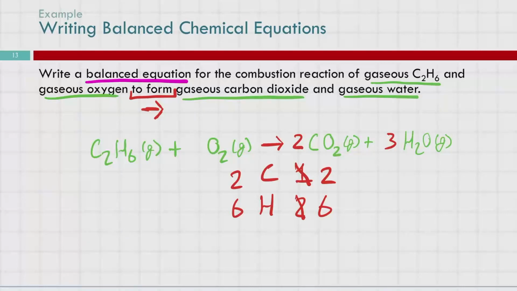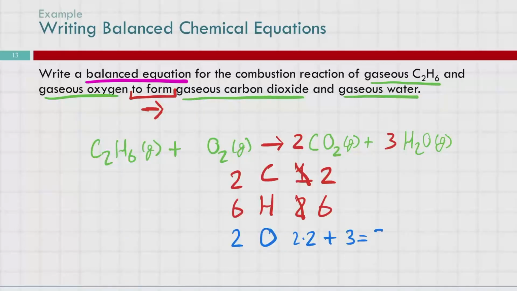What's the last thing that we have to balance? Yeah, it's our oxygen. So we're going to balance our oxygen last. We've got 2 oxygens on the reactant side in our O2. We've got 2 times 2 from our CO2, and we've also got oxygen in our H2O. We've got 3 H2Os. So we've got 2 times 2 plus 3.